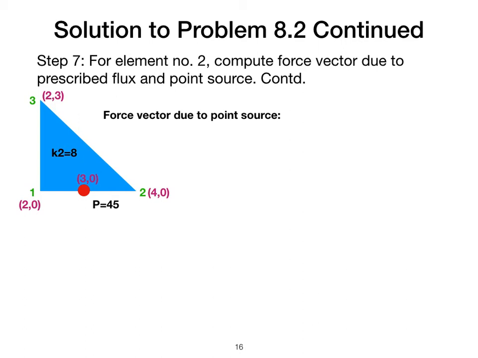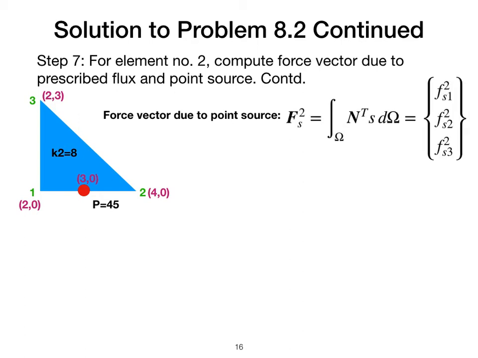We know that a force vector due to any source is given by the integral of N transpose times S integrated over the whole domain, where S is the source. It's like a body force.